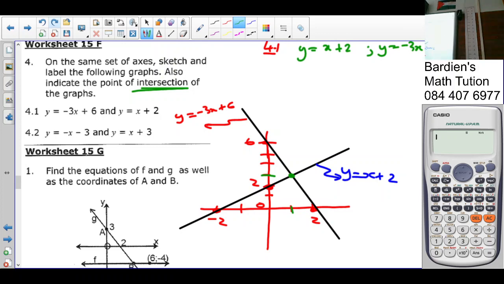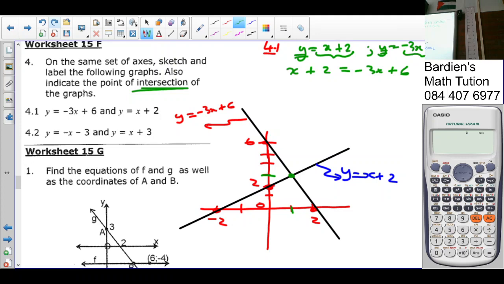At this point, the two graphs are equal to each other. So if y is equal to x plus 2, and y is equal to negative 3x plus 6, then in other words, x plus 2 has to be equal to negative 3x plus 6.